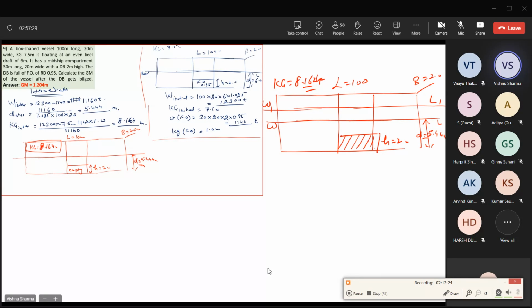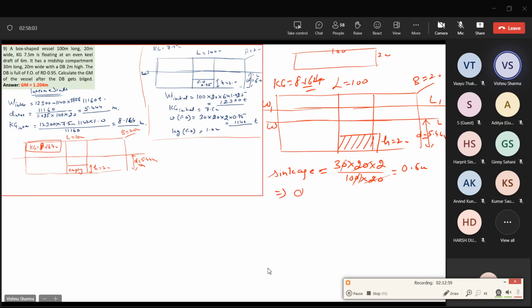Now I can find out what the sinkage is. Sinkage would be the lost buoyancy, that is LBH, where length is 30, breadth is 20, H is 2, upon the intact water plane. What is the water plane between WL and W1, L1? The water plane is fully intact, 100 by 20, right? So divide by 100 into 20, which is 0.6 meters.